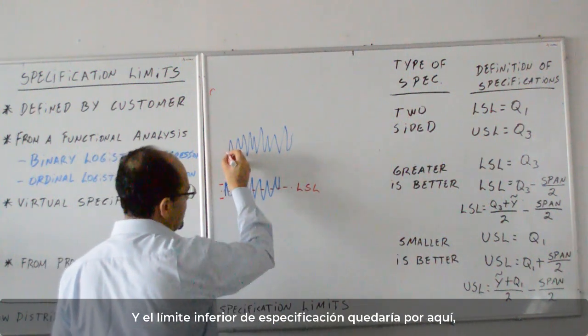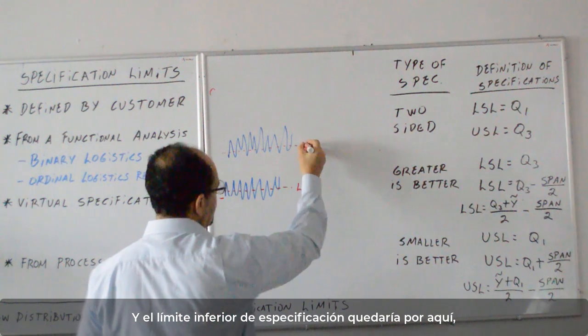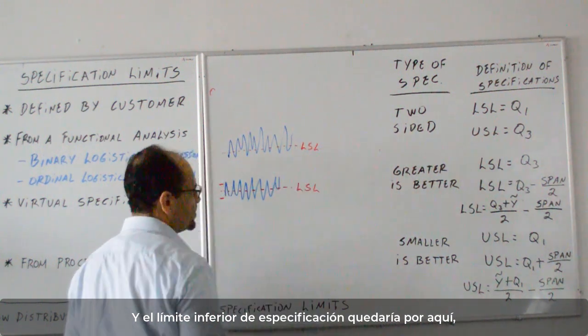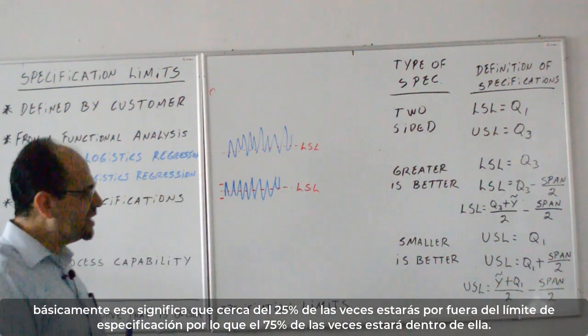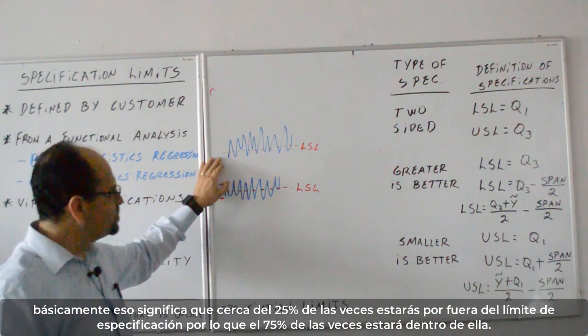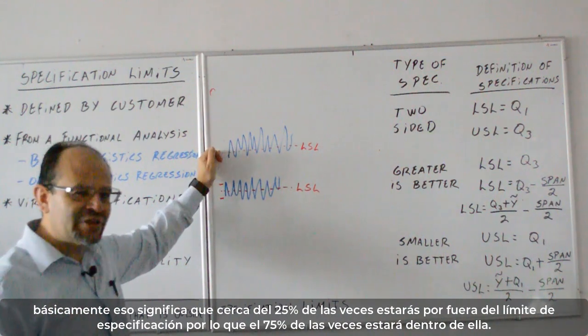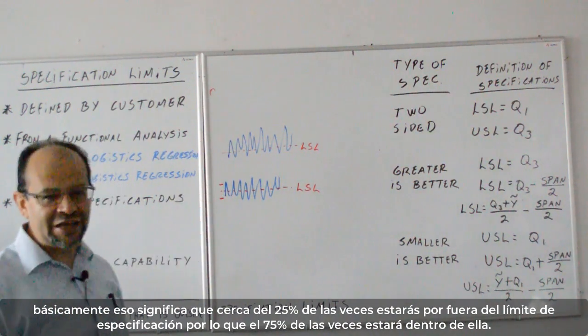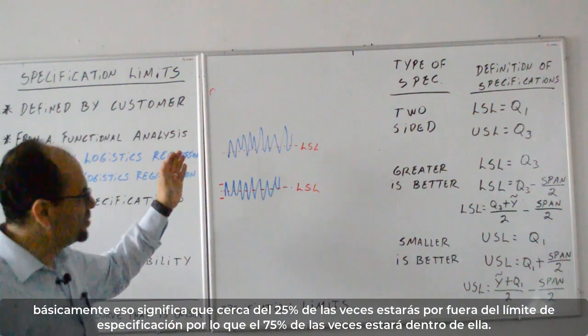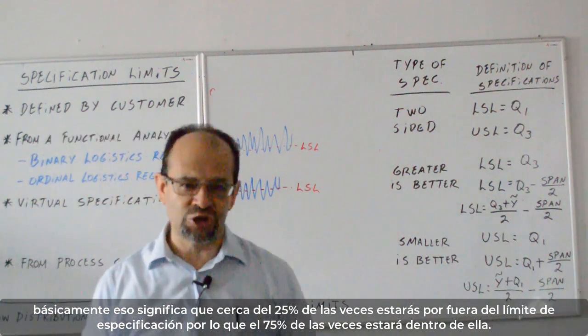And then that will be something like this one. And this will be your lower specification limit. Well, basically that means that your lower specification limit is here, which is about 25% of the times you will be outside the specification limits. And well, 75% of the times you will be inside the specification limits.